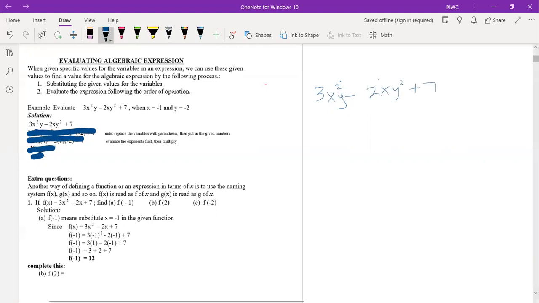And we're given that x is equal to -1 and y is -2, right? Okay. So it means that wherever you have x, you're going to replace with -1, and where you have y, you're going to replace with -2.